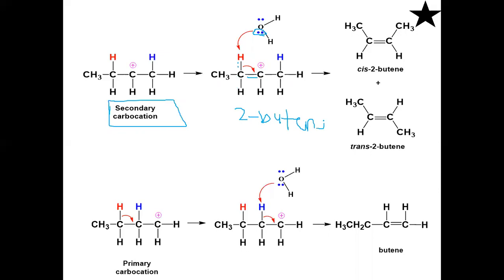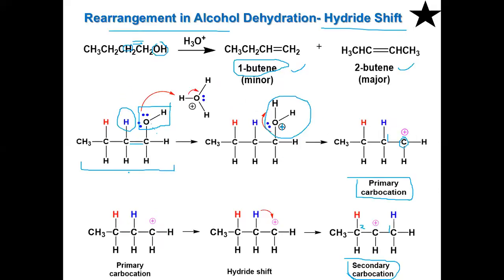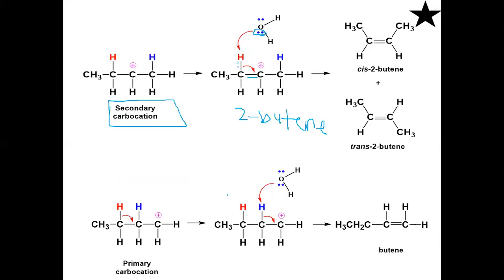Okay. As this is originally a primary alcohol, so produk dia akan membentuk stereoisomer, either a cis or a trans.